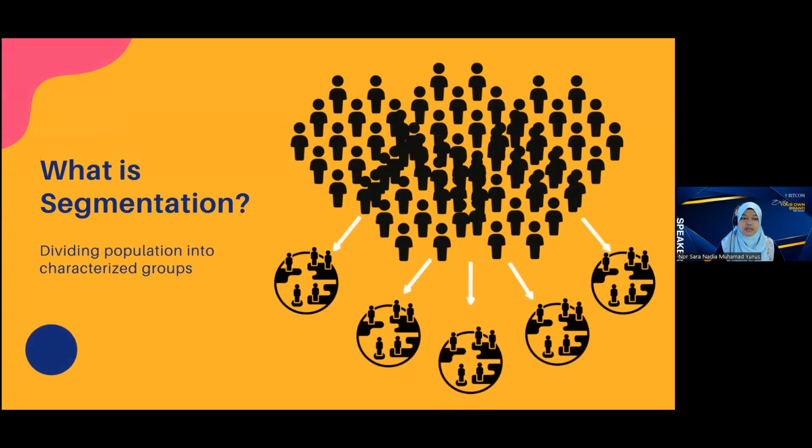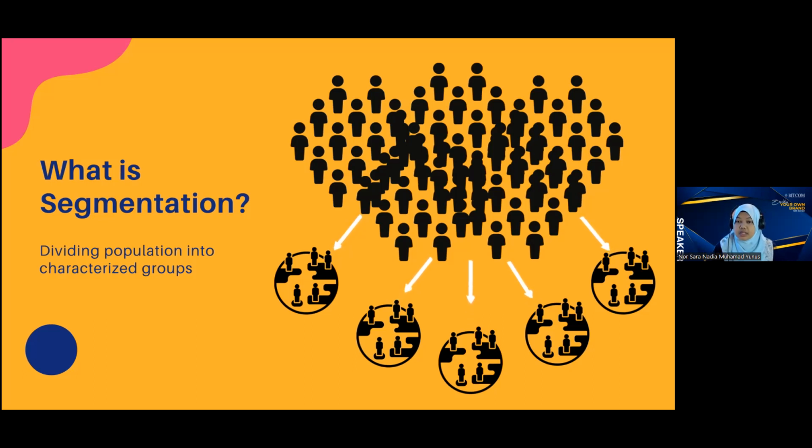The process of segmentation is basically the process where we divide the population. What makes people stuck when marketing their product is that they don't know where to start because the population is so huge. So the first thing you need to do is divide your huge population into characterized groups.